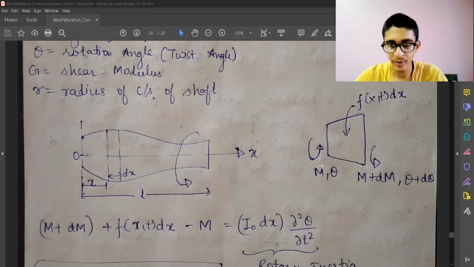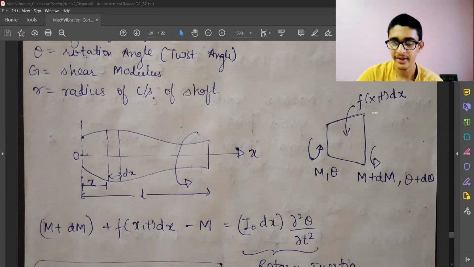These are the internal moments: at the first cross section M, at the second cross section M plus del M. So del M is the differential change along the length del x of the element. Theta is the deformation or twist angle, theta plus d theta is the twist angle at the other face, and f(x,t) dx is the force into distance dx. So that is again a torque which is acting.